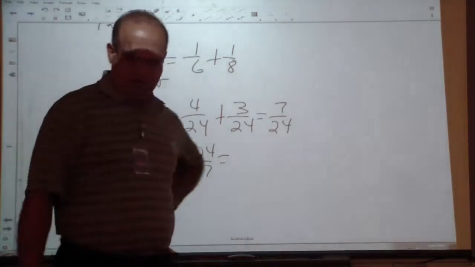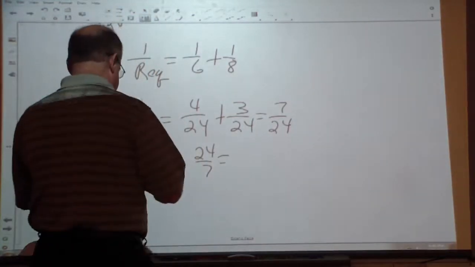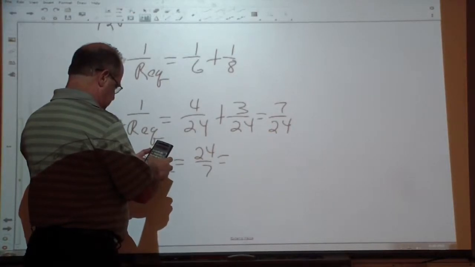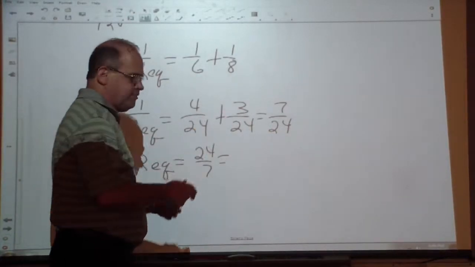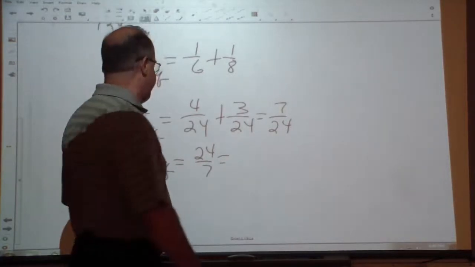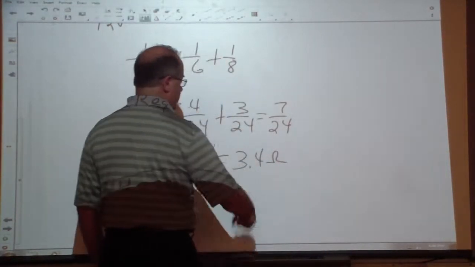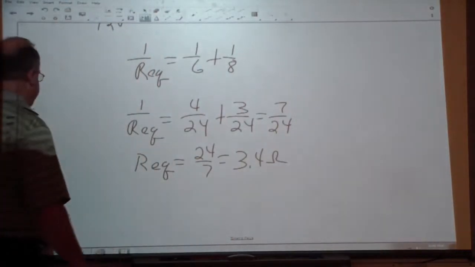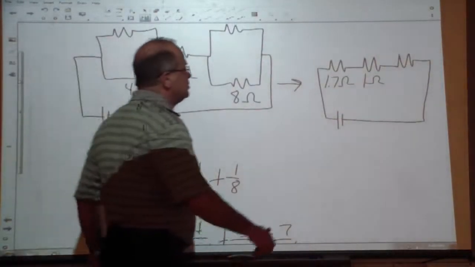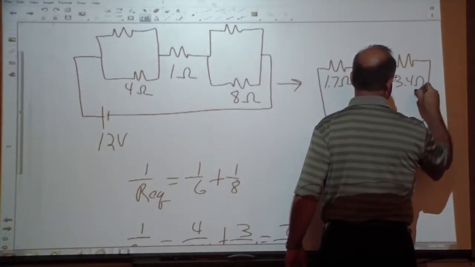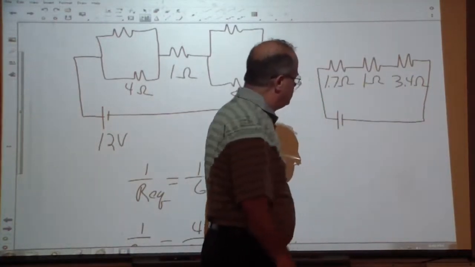What's that? 3 and almost a half. Check it out. 24 divided by 7 equals 3.4. All right, 3.4 ohms. Let's put that up there. There you go. Like I say, assume that's 1.0.